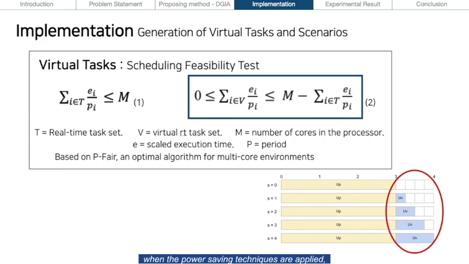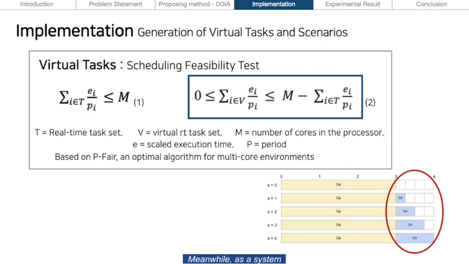When the power-saving techniques are applied, execution time for each task can be newly calculated. So the scheduling feasibility is checked through equation 1, where m is the number of cores in the processor. If 1 is satisfied, the deadlines of all real-time tasks can be satisfied through P-fair scheduling.